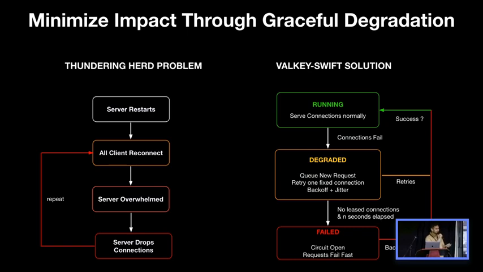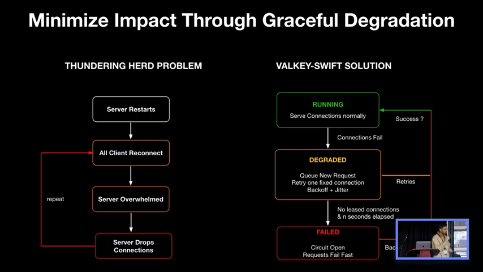And from this queue, we pick just one connection, and we just retry that. And we retry that connection with jitter and backoff. The jitter introduces randomness in request timings and spreads them apart. This creates back pressure, and it gives the server ample chances to recover in case of transient failures.